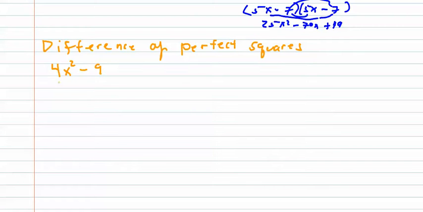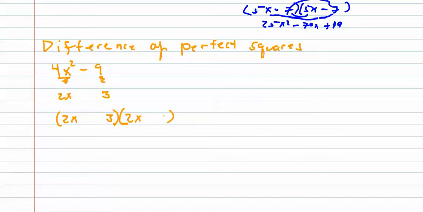Perfect square, 2x squared and 3 squared. These are the square roots. So when we factor this, we have a 2x and a 3, and a 2x and a 3.